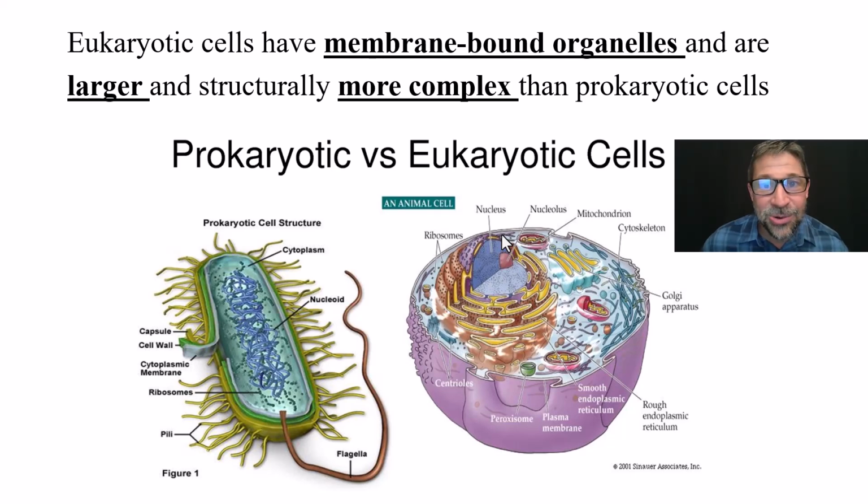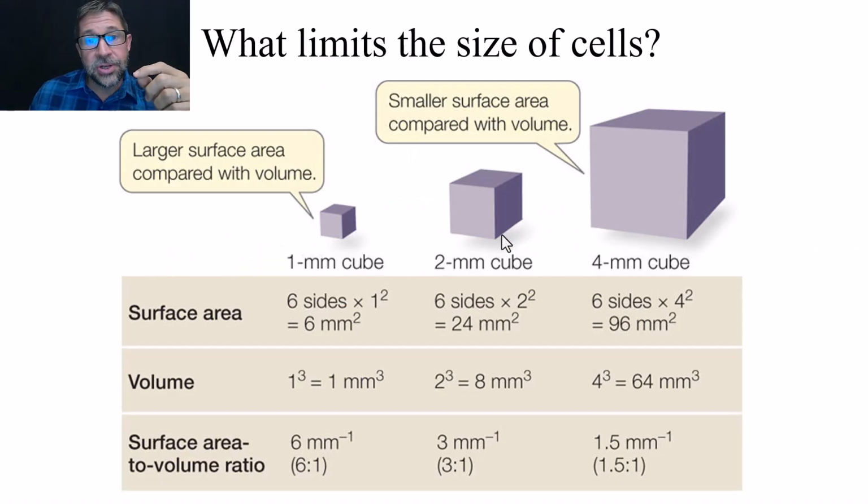So let's find out. Okay, first question I have for you today. What limits the size of cells? So I'm composed of some 30 trillion eukaryotic cells, and also about 39 trillion prokaryotic cells, but I'm made up of lots and lots of cells.